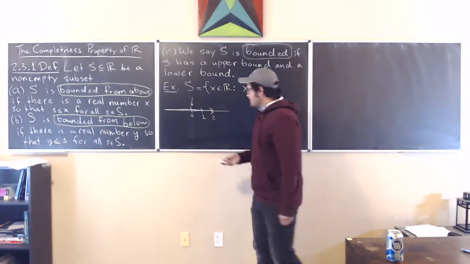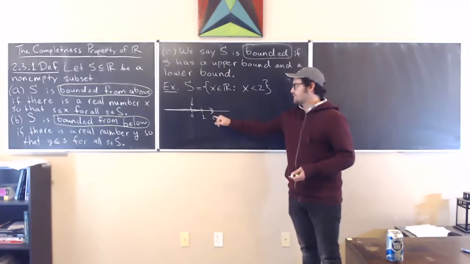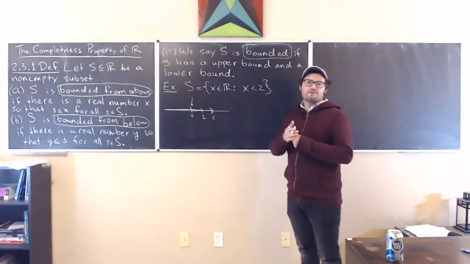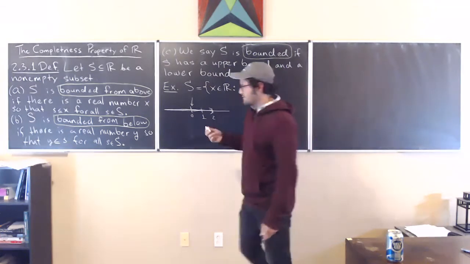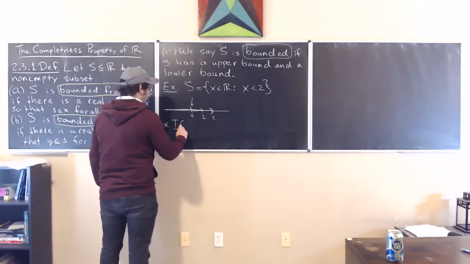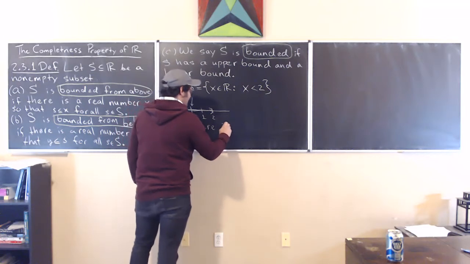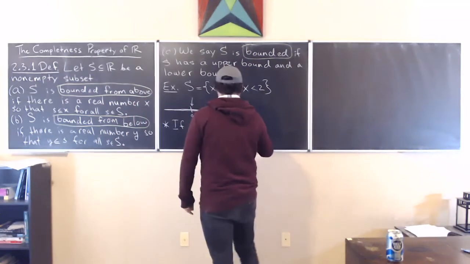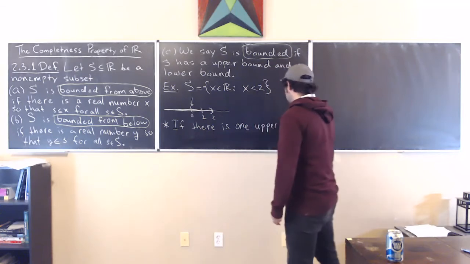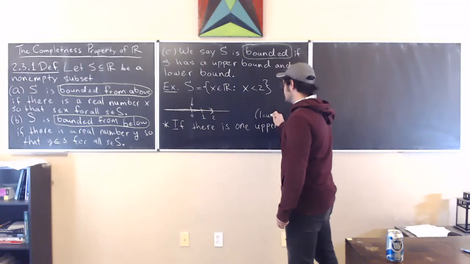Okay. Now, one thing to observe is that, for example, here we have an upper bound, 2, but if we have an upper bound, we have an infinite number of upper bounds.